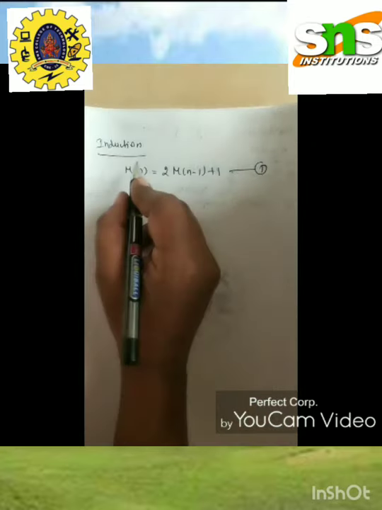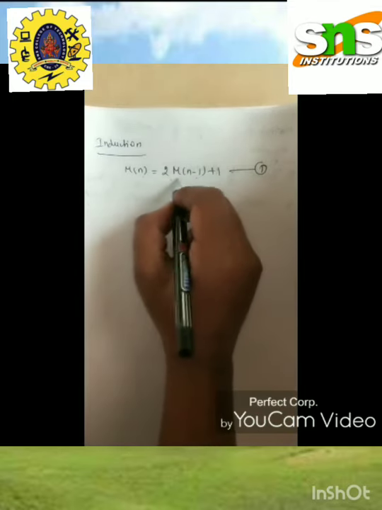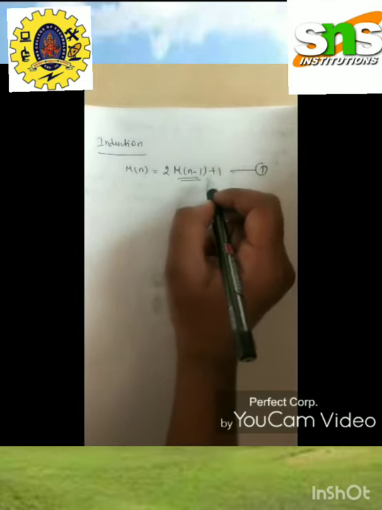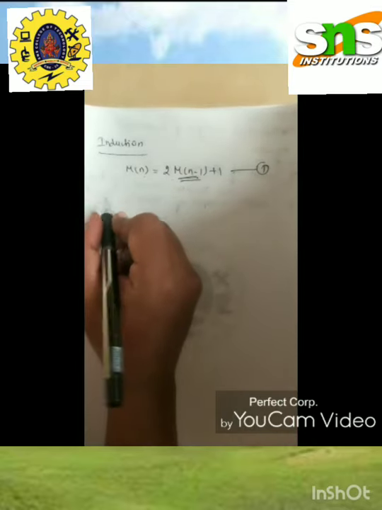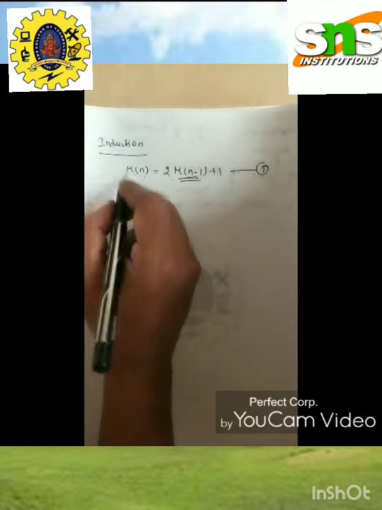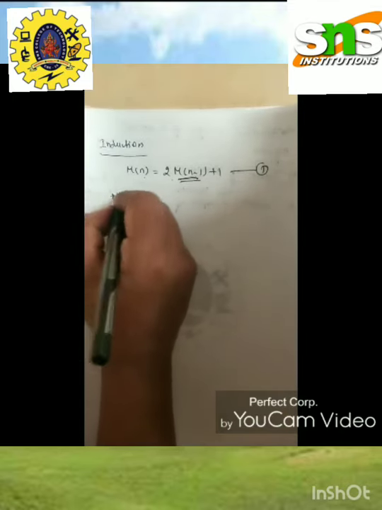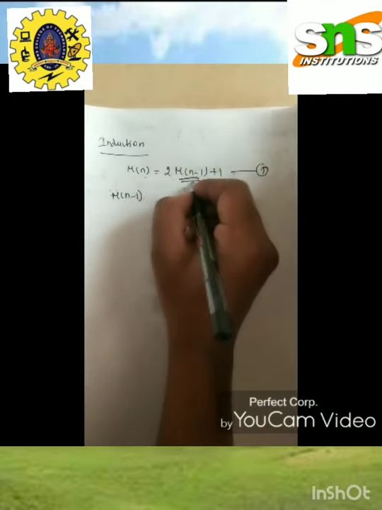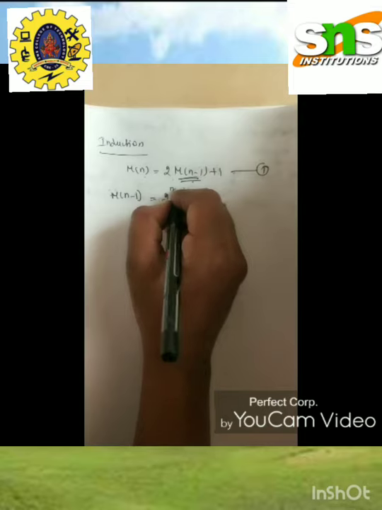So next, induction: m of n is equal to 2 into m of n minus 1. This is the recurrence relation we already formed by using the algorithm. So here, to prove the induction, the basis should be common. Okay, so here m of n minus 1, instead of this, I substitute 2 power n minus 1.